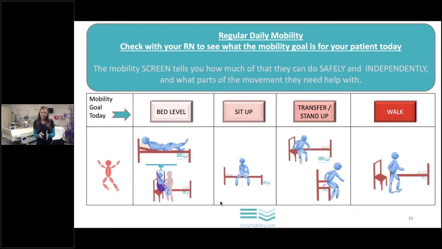For our passive transfers, we want to use the total body support solutions, a repositioning sling, air-assisted devices, the seated slings, where those patients have full body support.